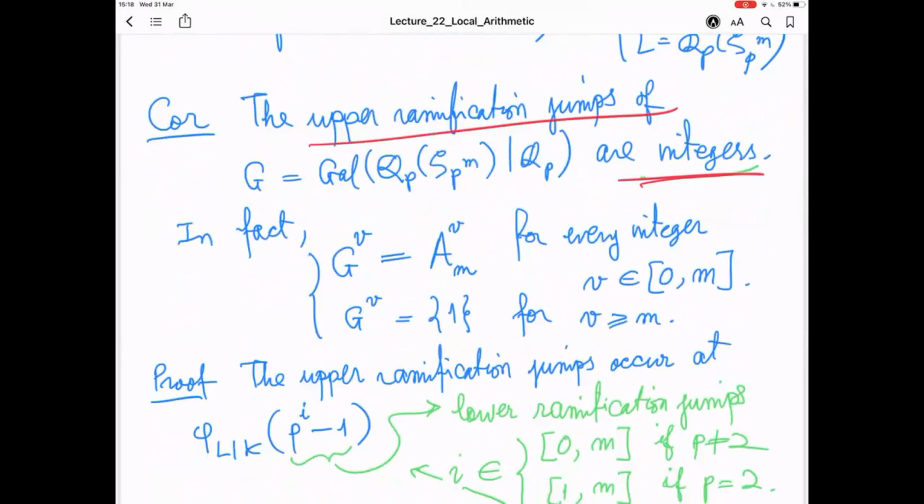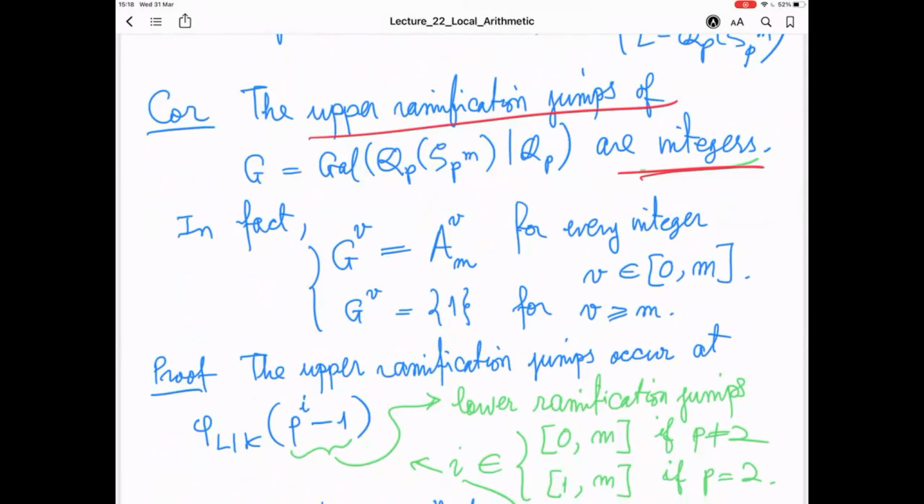And what it says, in fact, is that G upper v is equal to G_m upper v for every integer v between 0 and m. And if this v is greater than m, then this G upper v is trivial.